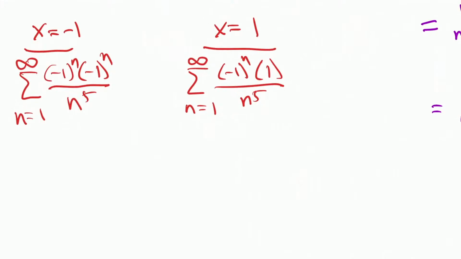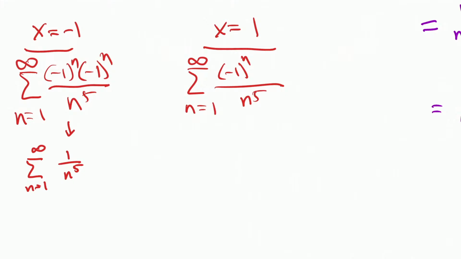So there are my two series, my two endpoints. Okay, well, let's see if we can make quick work of this. First of all, (-1) to the n times (-1) to the n is (-1) squared to the n, which is just 1 to the n. So this thing is the same as this. I can't do much about this one on the right other than to get rid of that 1 there. Okay, so let's deal with these individually.